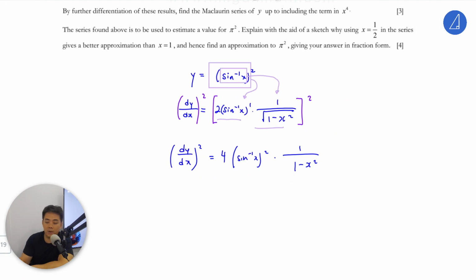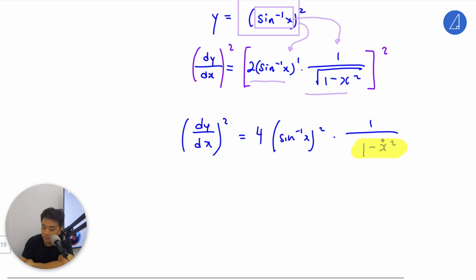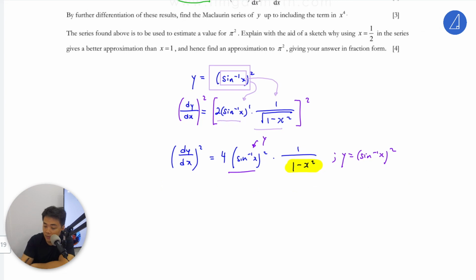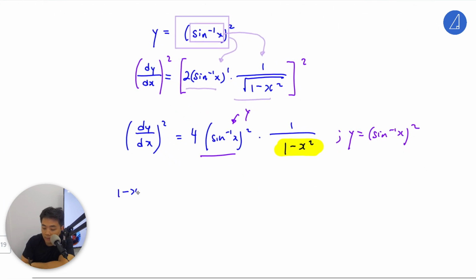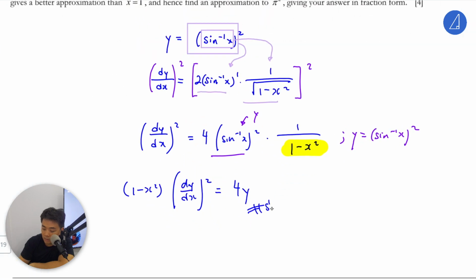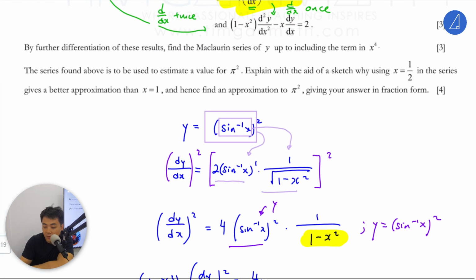Okay. Square each term. Multiply this above. Cross multiply, and we know that this is our y. Okay, there's our y. So then once we're done, the next thing we want to differentiate once more.